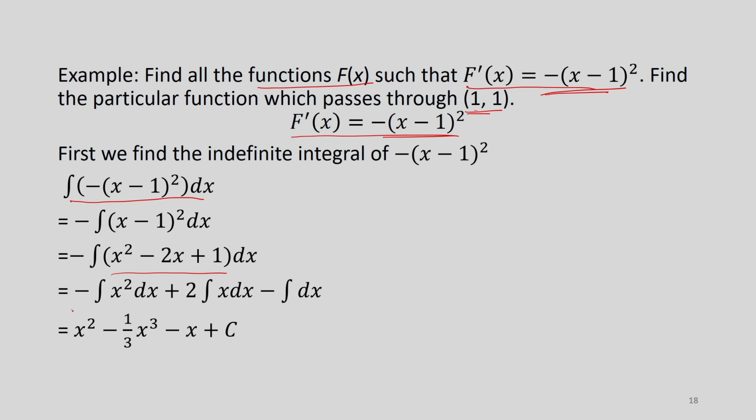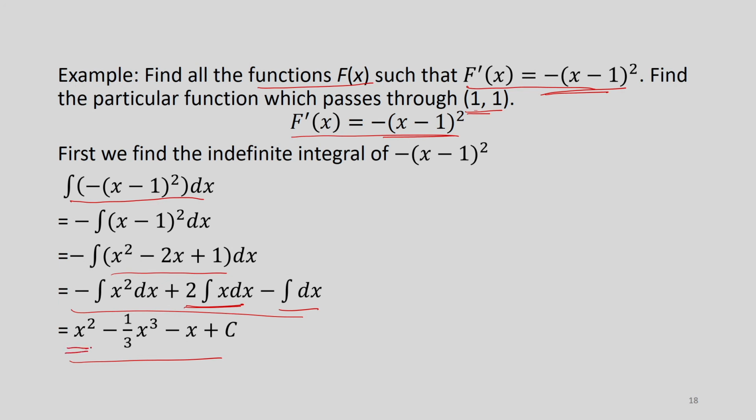It will become minus of integral x square dx plus 2 integral x dx minus just integral of dx. Okay. And if you simplify this, this term, if you integrate it, it will become x square, because x square divided by 2, 2 and 2 will get cancelled.